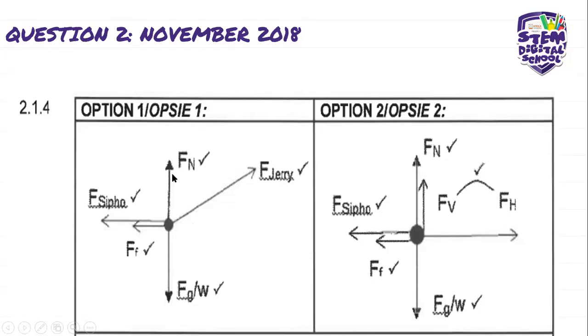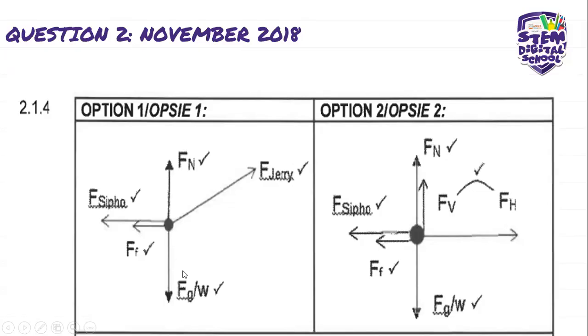We give a mark if the arrow is touching the dot and the tip of the arrow is drawn directly where the line of the arrow ends, and you have a correct label. Remember, another symbol we can use for the normal force is capital letter N without actually showing the F. F Jerry, we can also call it F applied or F capital letter A because it's the applied force.